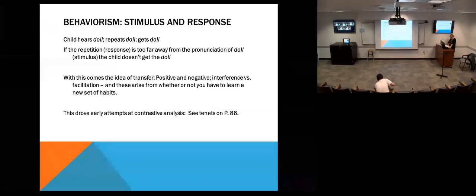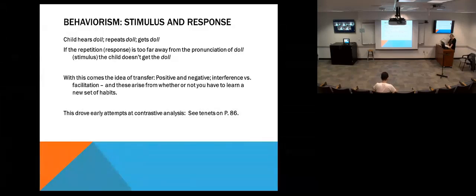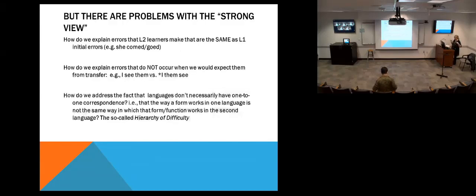The more differences, the more errors, okay? So we already know that that is too simplified, but that was the 1950s idea of what would happen. That's the strong view, right? So that's the strong view of contrastive analysis, okay?